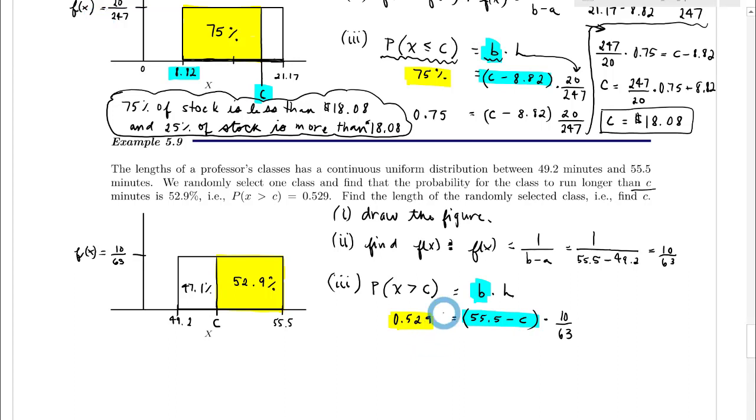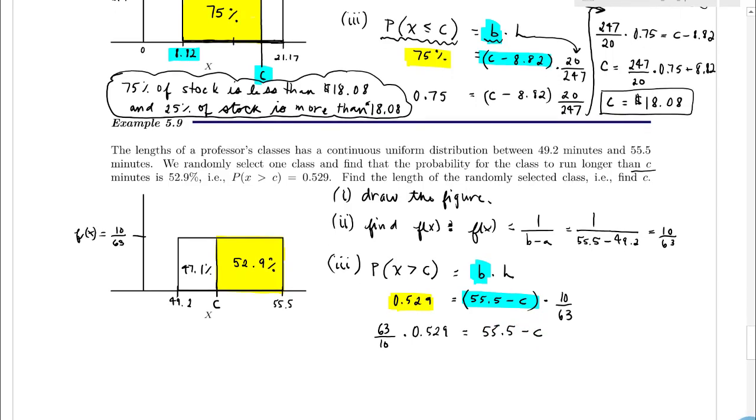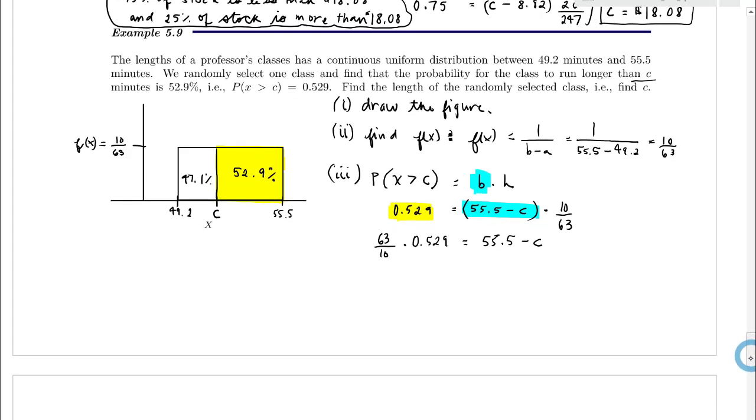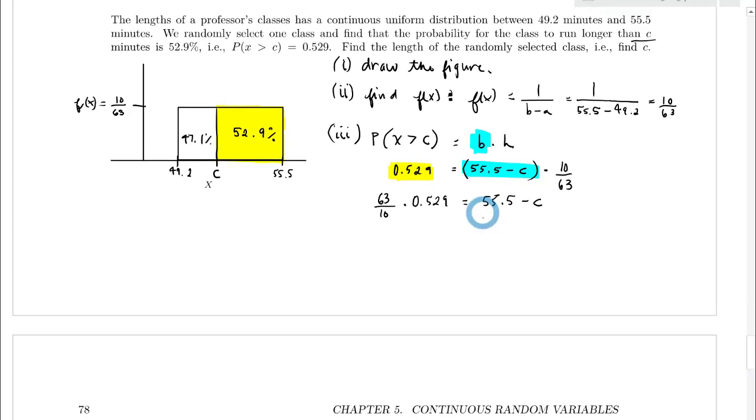Okay, so doing some algebra like we did up here, I could multiply by the reciprocal, so I would have 63 over 10 times 0.529 equal to 55.5 minus c. Now notice here, c is negative, and so I'm going to have to play around a little bit, okay?